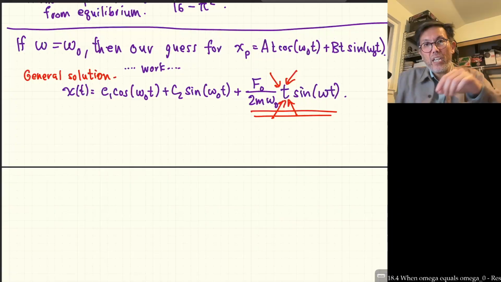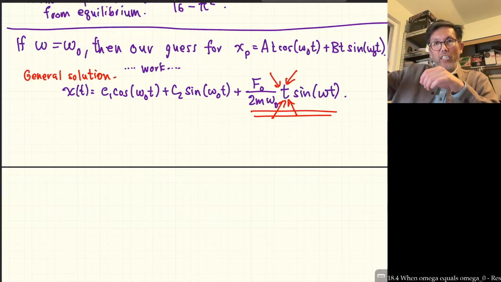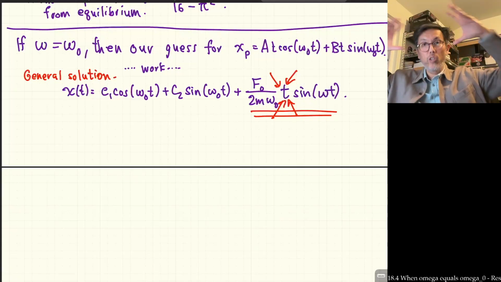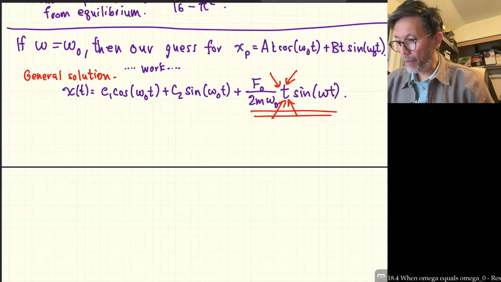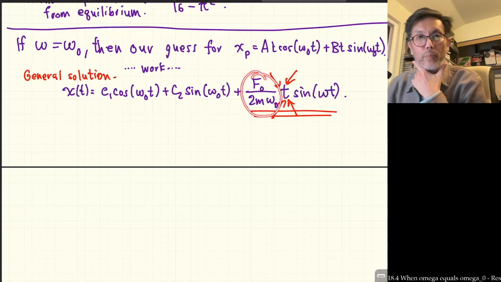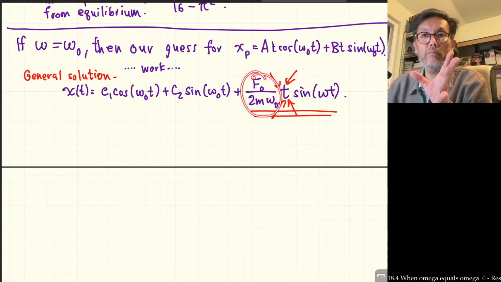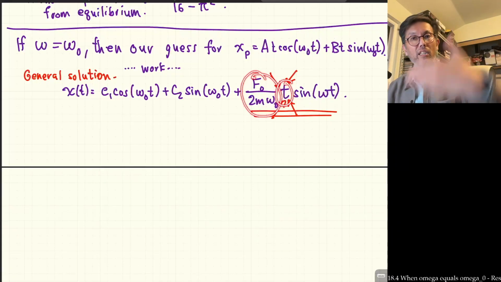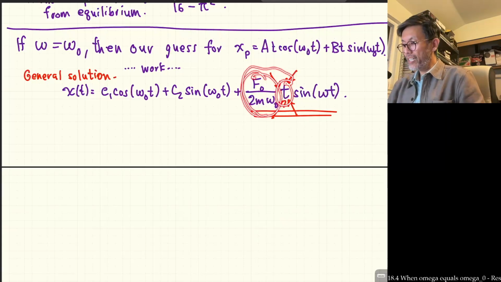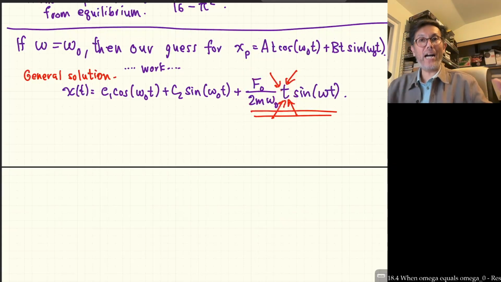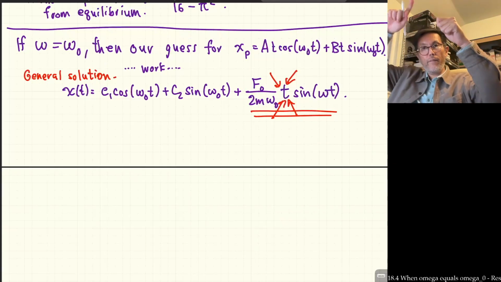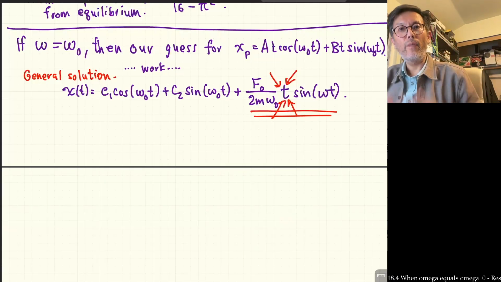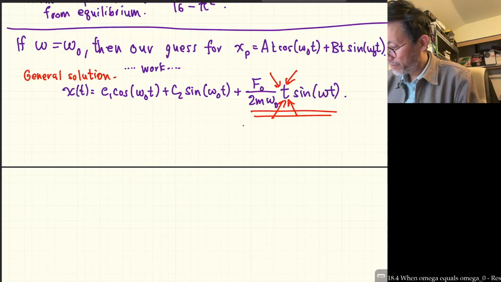But because of that t, as t gets larger and larger, the amplitude of this sine wave is getting larger and larger. This number here is just some positive constant, and it's being multiplied by this t. As t gets larger and larger, this thing is going to grow without bound. The amplitude of the oscillation is going to grow without bound. That's called resonance.